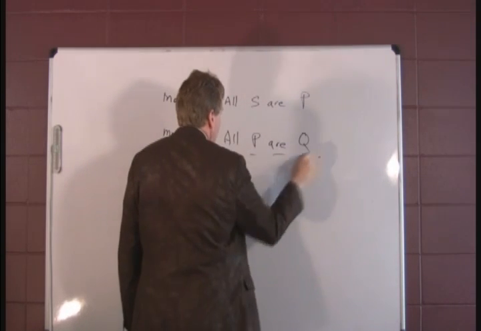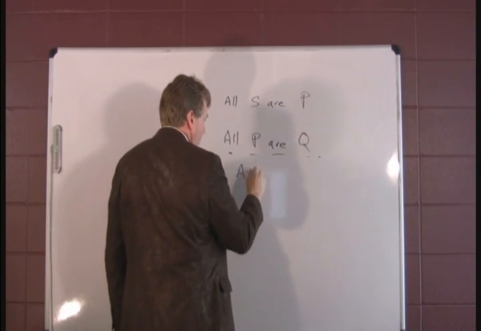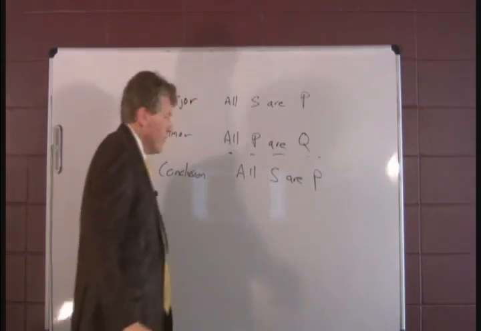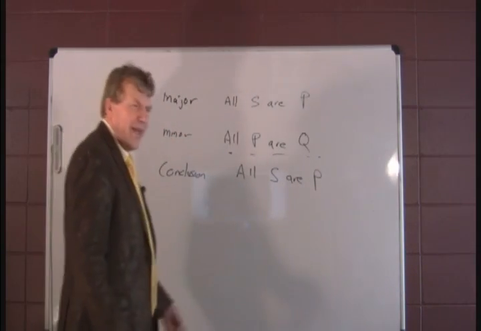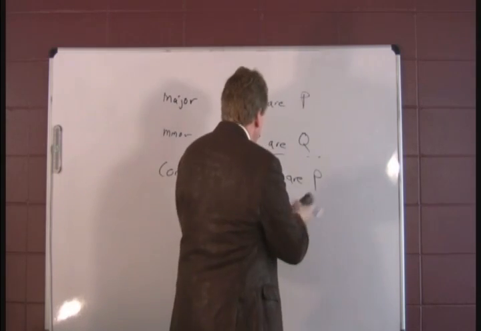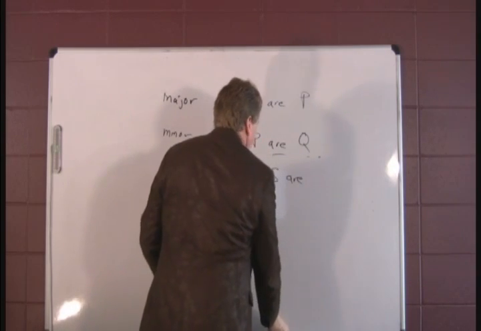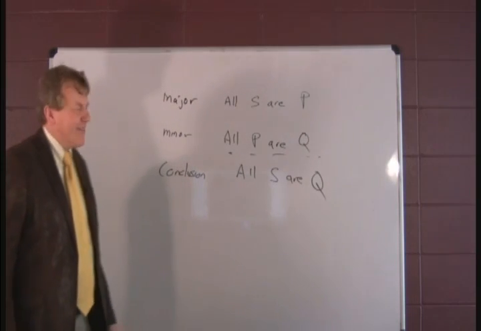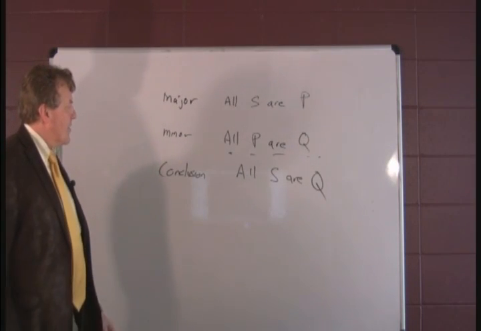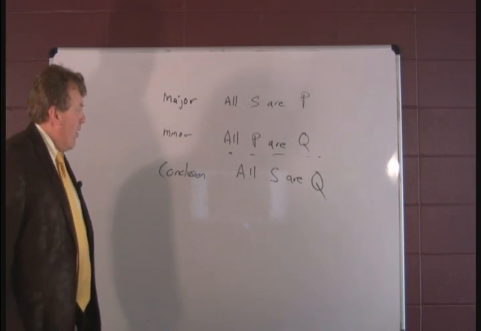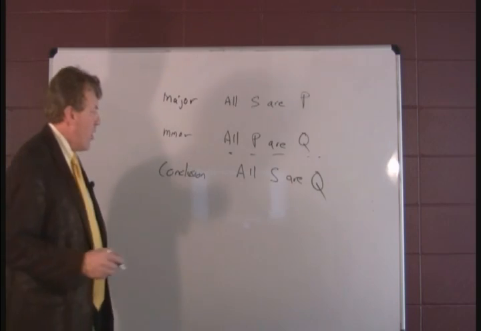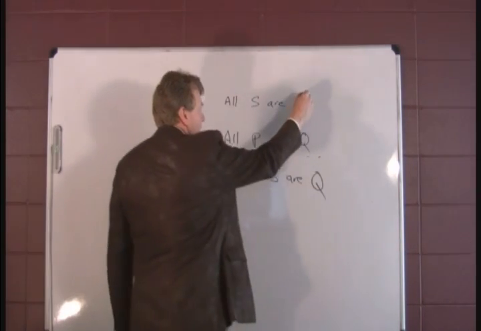Well, looks like we could probably conclude that all S's are P, right? No, we can't conclude that because, of course, we already said that. All S's are Q. We could conclude all S's are P, but it really doesn't advance us any more because it's just a restatement of the premise. All S's are P, all P's are Q, and all S's are Q. Now, the thing to realize is that in every valid argument form you have a middle term.